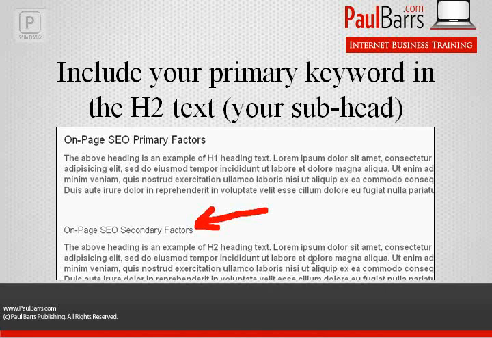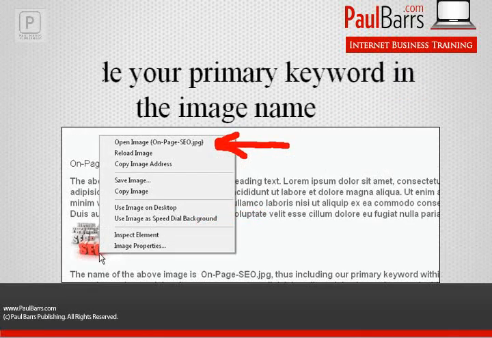Just down, next paragraph, a subheading, which is a H2 tag, on-page SEO secondary factors. And this is a good, strong factor in getting this on-page search engine optimization for your page. So yes, you want to have a H1 heading tag. I also believe it is important to throw in a H2 header tag in there, a subheading at some point.